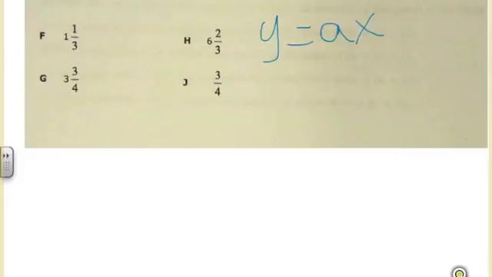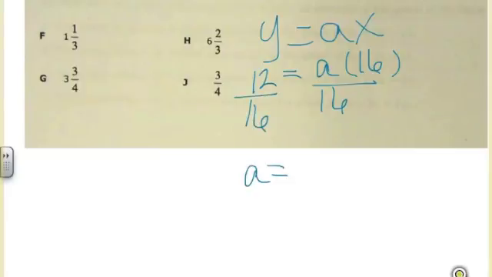Okay, so 12 equals a times 16. Good. Now you're off the hook. Alright, so the next step would be just solving for a. So we're just going to divide both sides by 16. So a equals 12 over 16, which would simplify down to 3 over 4.